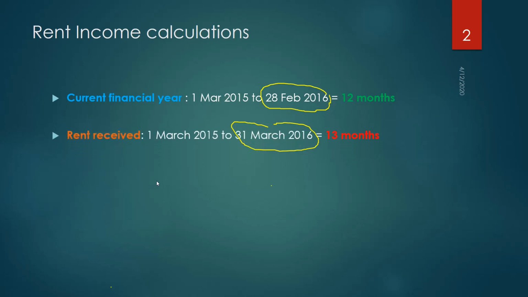However, in relation to rent received, it was specifically mentioned that the tenant paid until 31 March 2016, which makes it 13 months. And to put perspective, the tenant paid for the months between 1 March 2015 until 31 March 2016, which makes it 13 months.